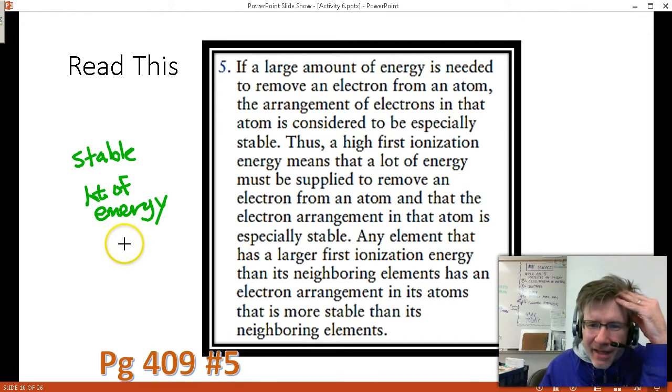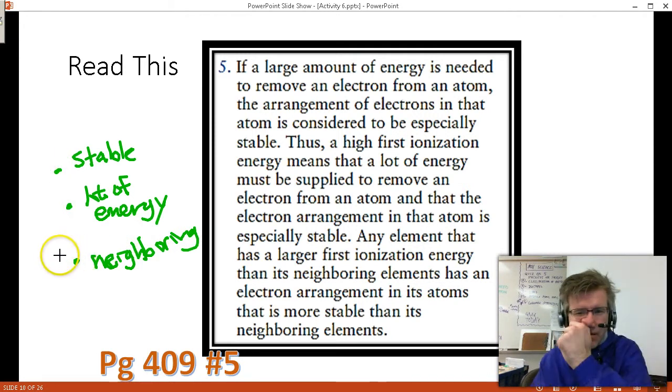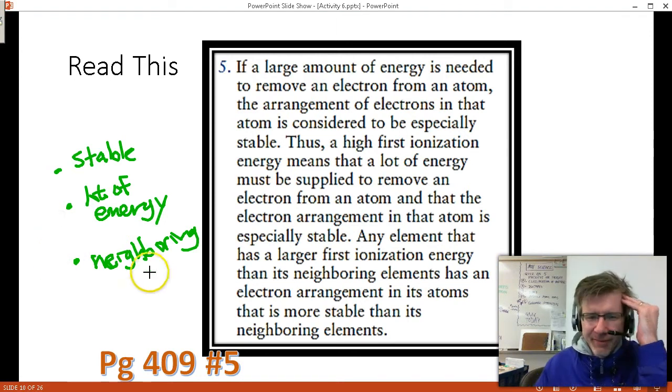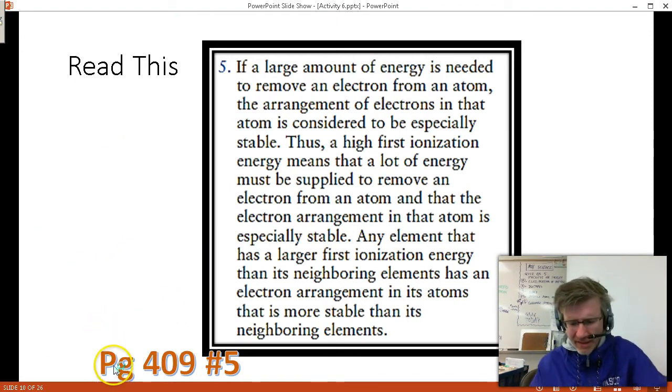I would say neighboring. So, you know, there are elements around another element, neighboring ones, and there's stable ones, or there's a lot of energy. All right. So we're looking for, let's take this next slide.